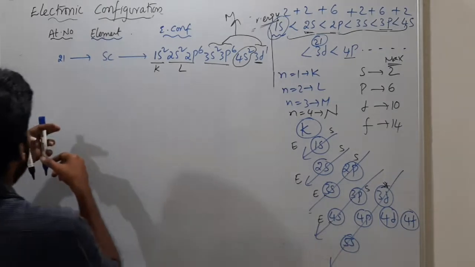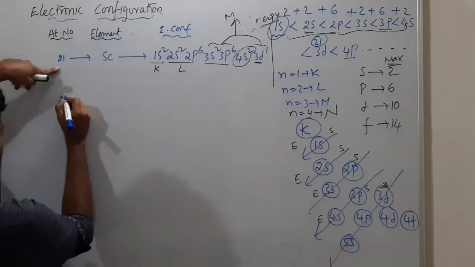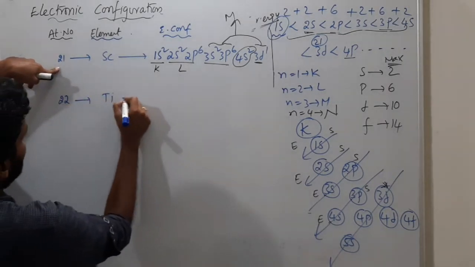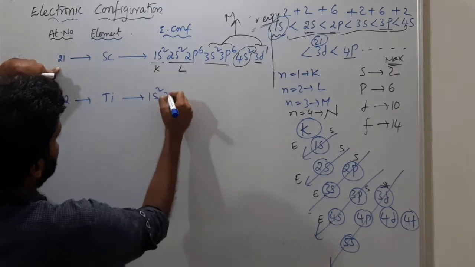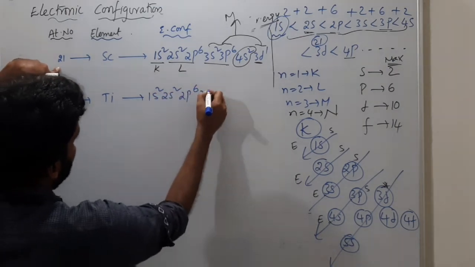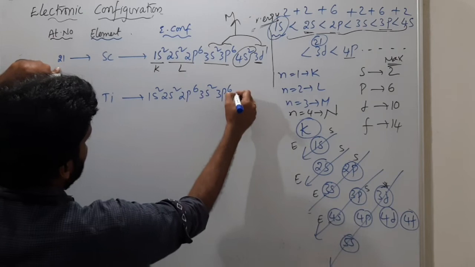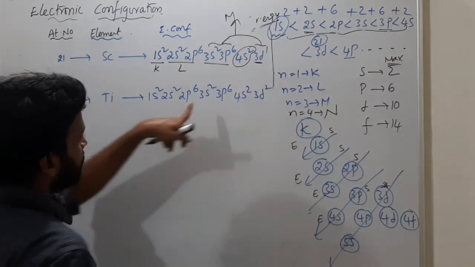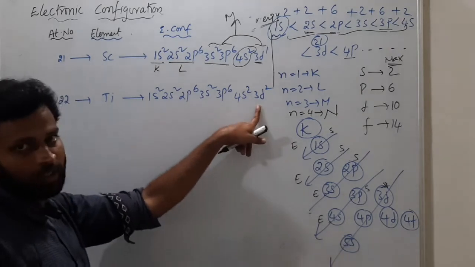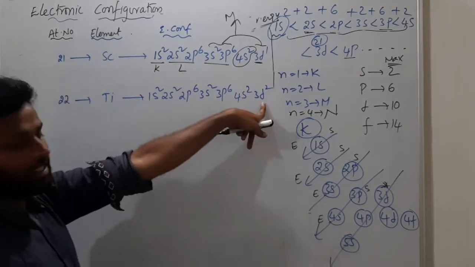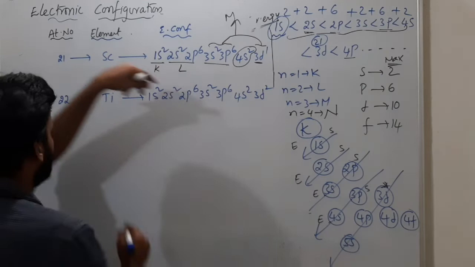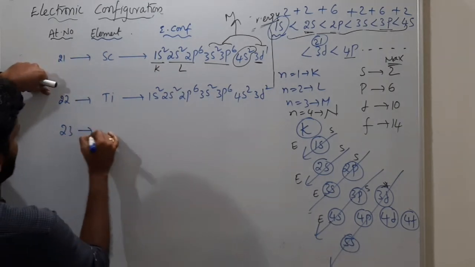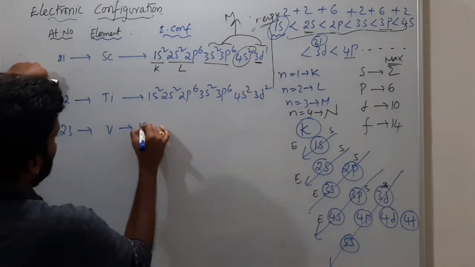That is very important. Next, 22, titanium: 1s2, 2s2, 2p6, 3s2, 3p6, 4s2, 3d2. 3s, 3p, 3d belong to one shell only, but 4s fills before 3d. Remember this.